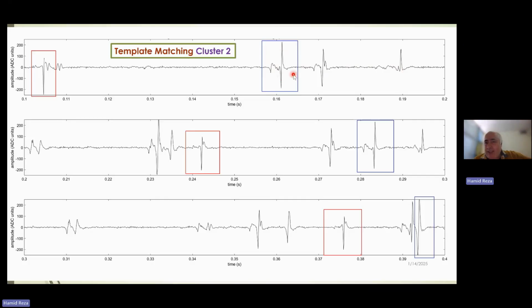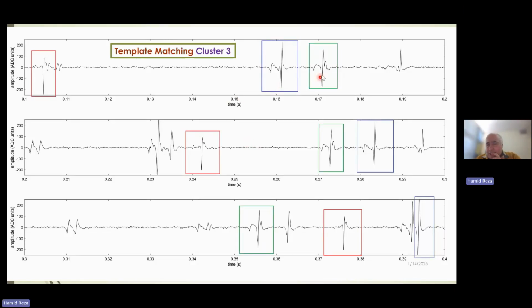So it's my template, and I match it through the signal, and I see, wow, it's a high correlation, another one, and then I match it again, and I see something that might be this one, but the problem is that some parts of this are overlapped by the activity of other motor units. But so far I have 3. I continue.